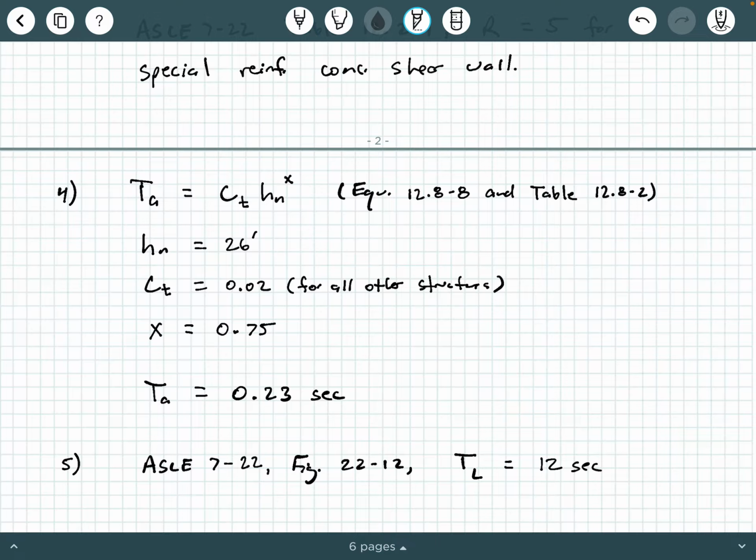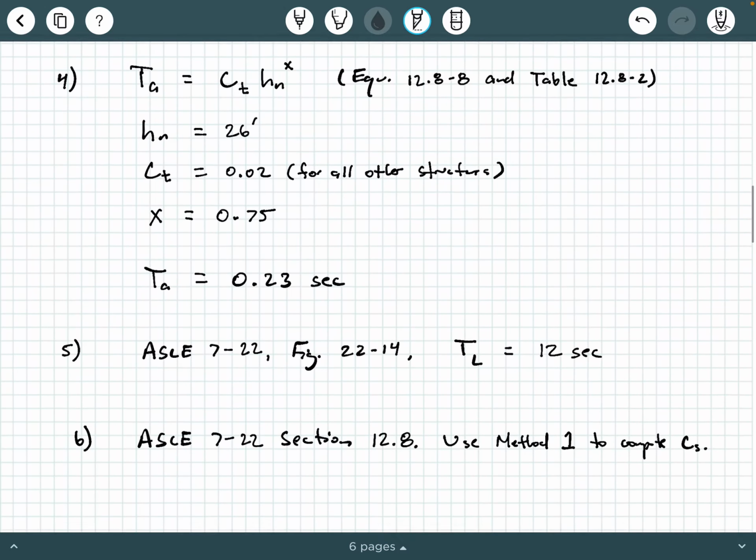If you are using ASCE 7-22, actually, nope, it's figure 22-14. My apologies. I bet you it was 22-12 in the old ASCE 7-16. So yeah, 22-14 here, okay? And again, we already got TL as 12 seconds from the online hazard tool, so we're okay with that.